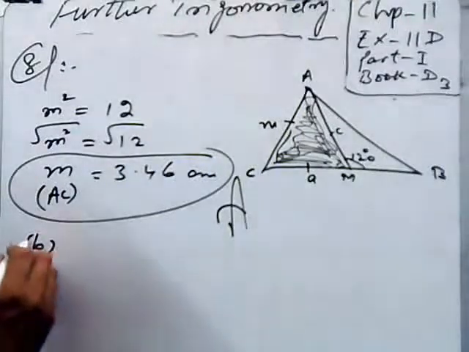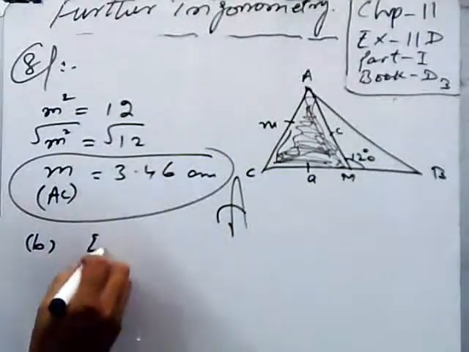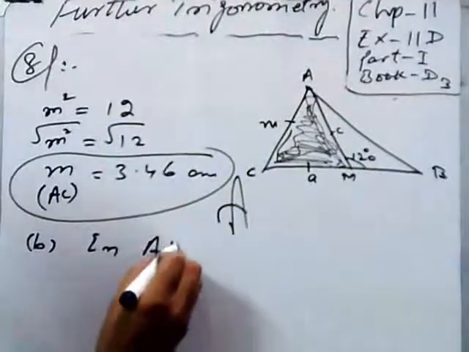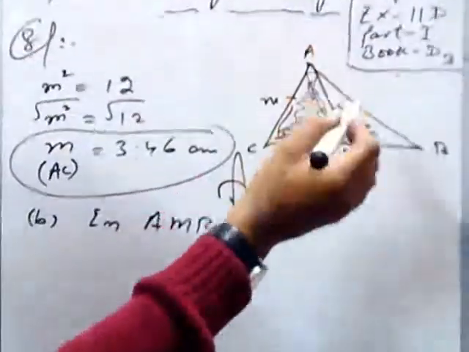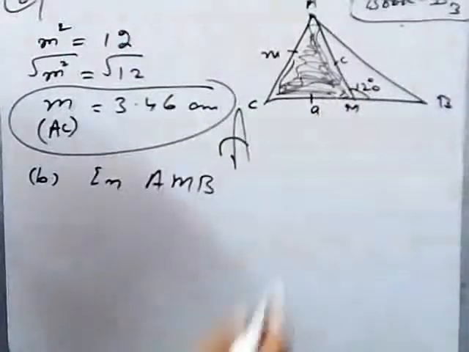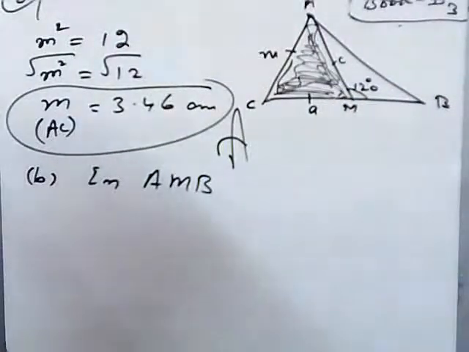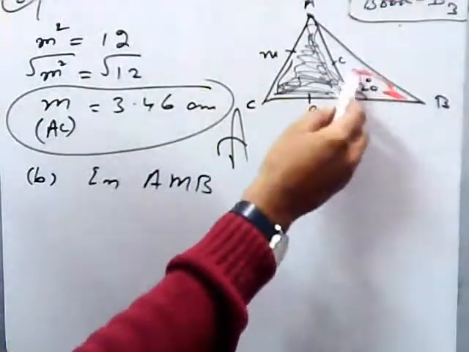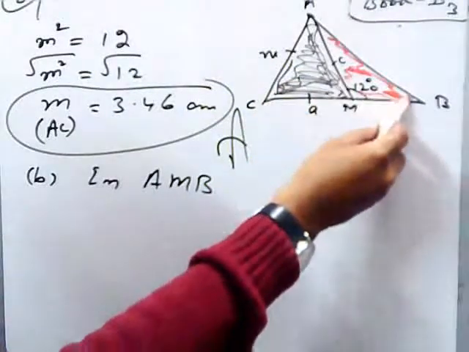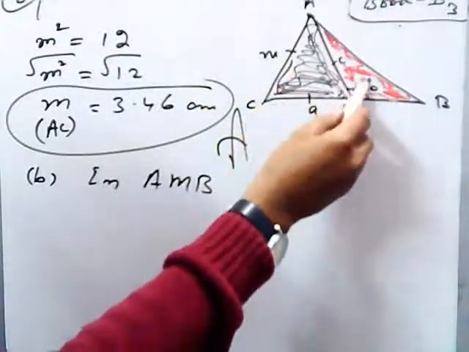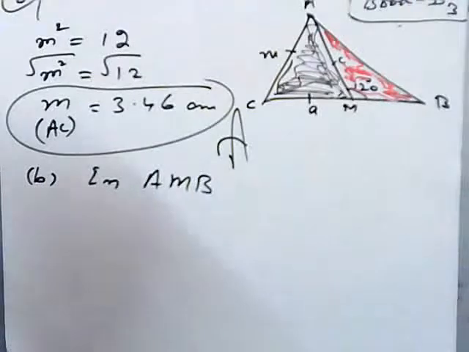Now to calculate part B, in triangle AMB. You are taking this triangle, which should be shaded in red color to understand better. So you are using this triangle, that is AMB.